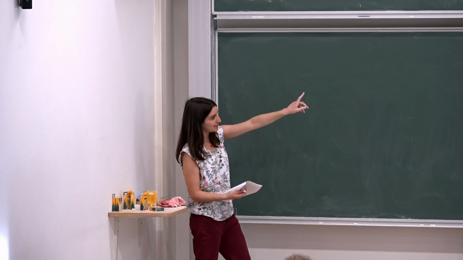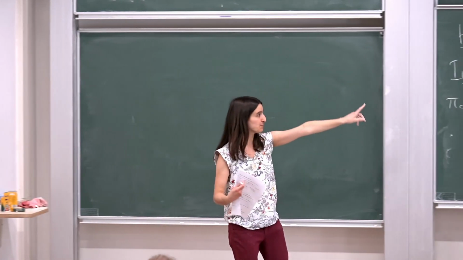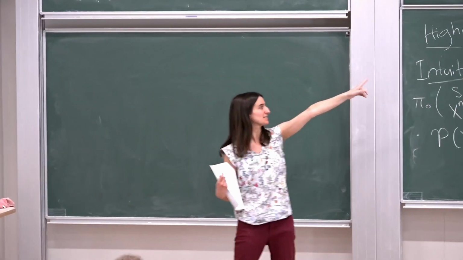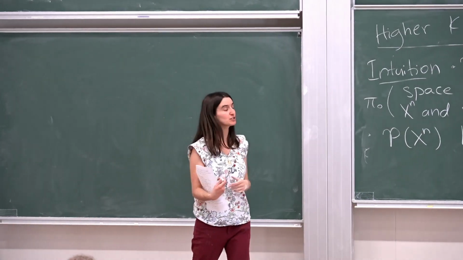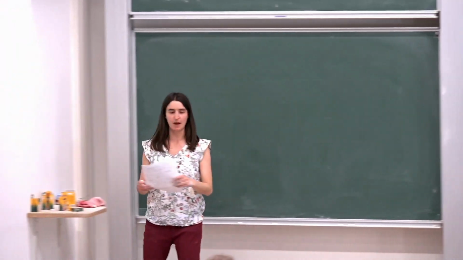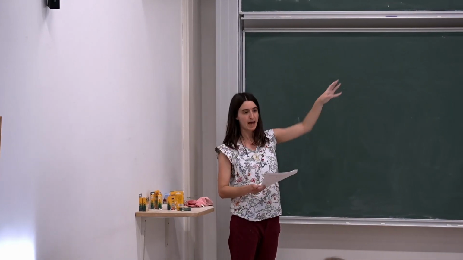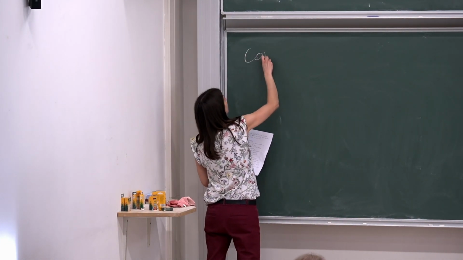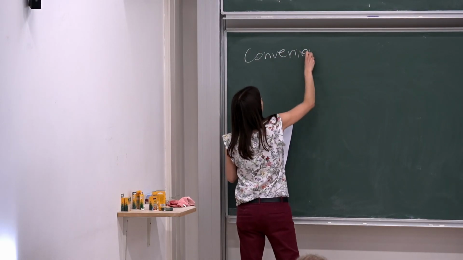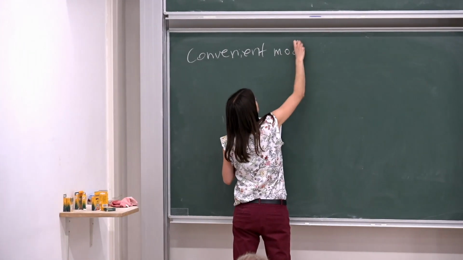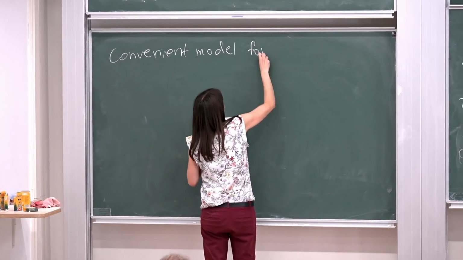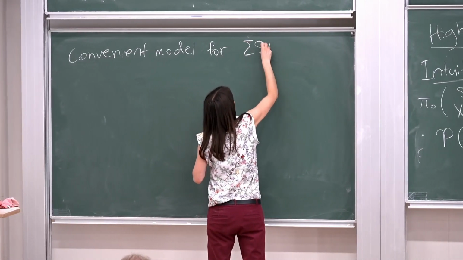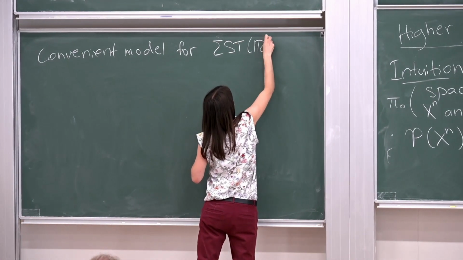So before I talk about the approach to proving that this thing assembles into a Hopf algebra, I want to talk about the convenient model that we have for a part of this, the suspension S T R^n.